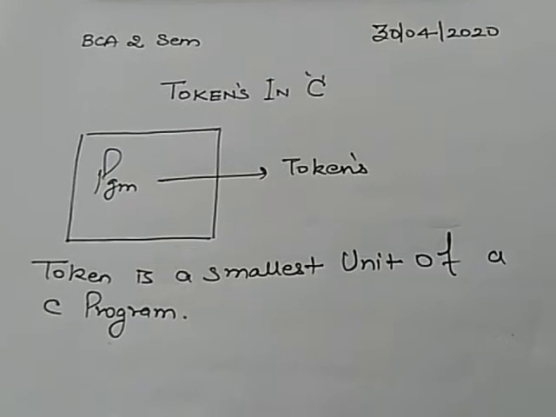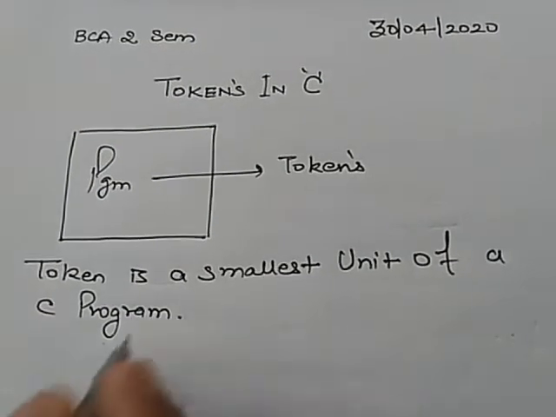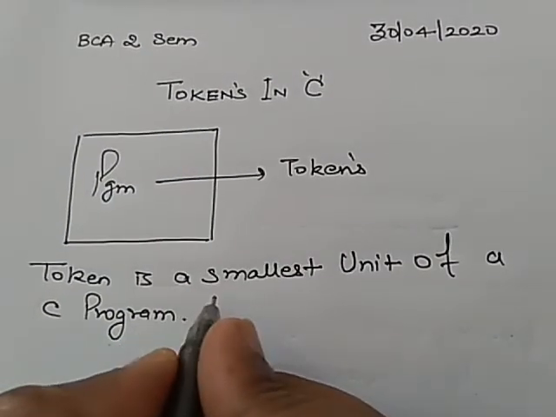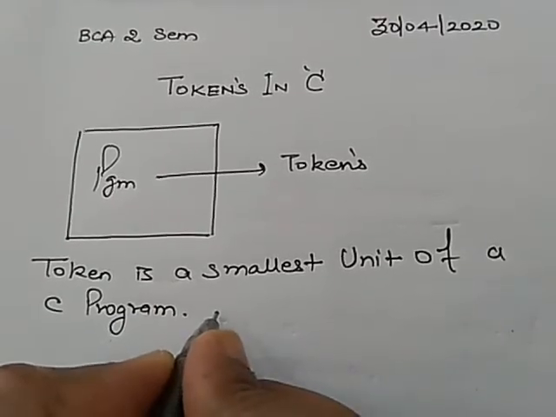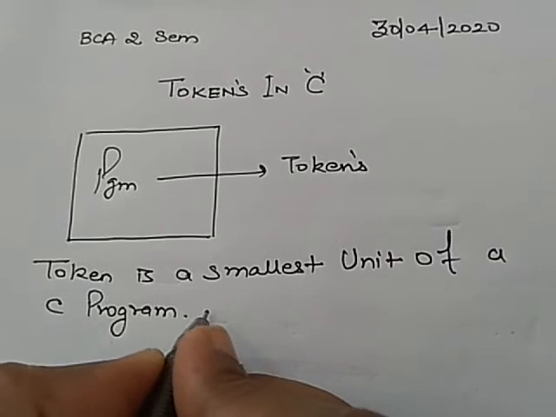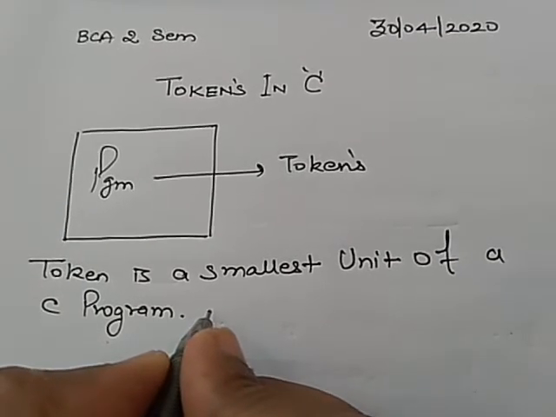Now, for example, we cannot create a sentence without a word. Similarly, we cannot create a program in C without using tokens.